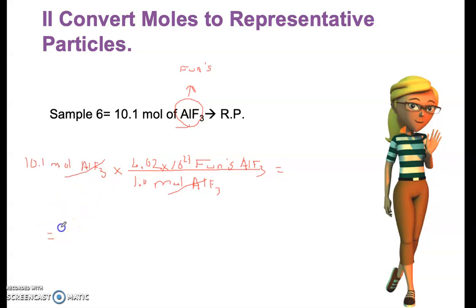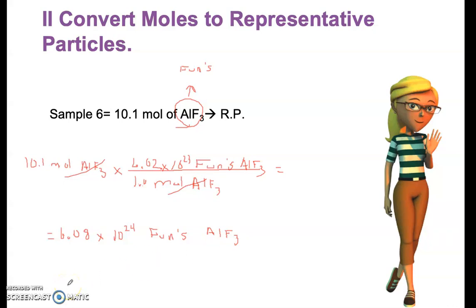So in this case, we have 6.08 times 10 to the 24th funds AlF3. Okay, so that's where we're stopping.